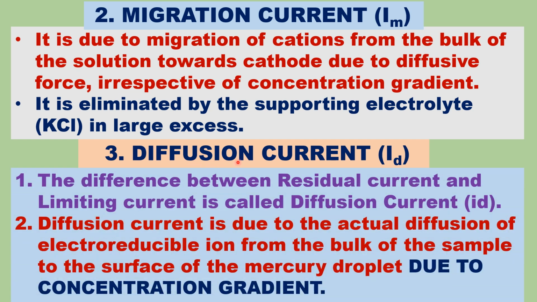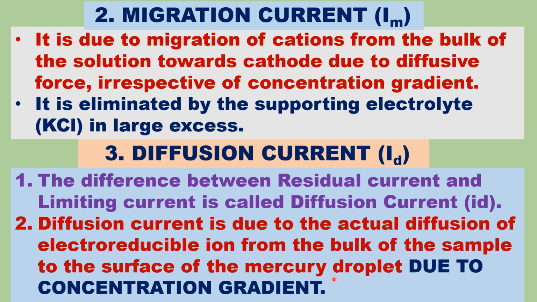The third important current is diffusion current. This is very important for polarographic analysis or quantitative analysis. Okay, the difference between residual current and limiting current is called diffusion current, ID. The diffusion current is due to concentration gradient.